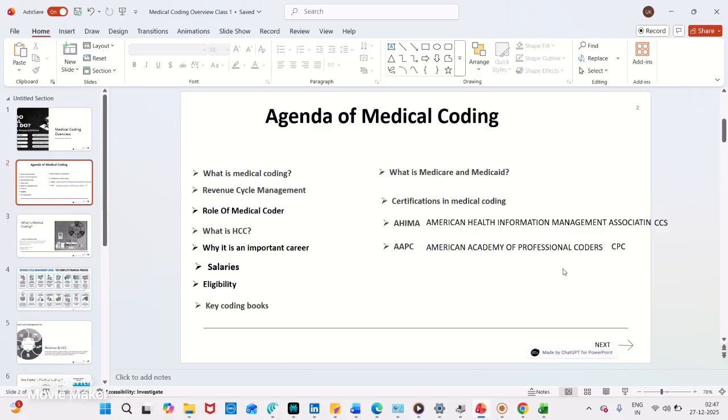In this demo class, I will explain what is medical coding, what is revenue cycle management, role of a medical coder, what is HCC, why it is an important career, salaries in medical coding, eligibility criteria, key medical coding books in medical coding, what is Medicare and Medicaid, certifications in medical coding, and I will give you a small ICD-10-CM coding example.